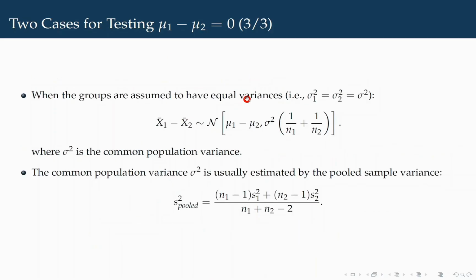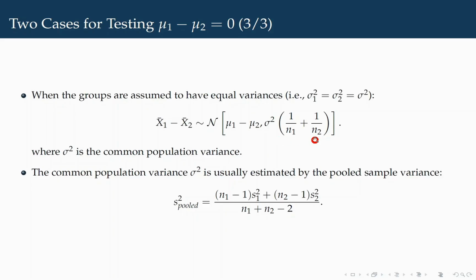And when we assume that the groups have equal variances, in that case, sigma 1 square and sigma 2 square are the same. So we can denote this common variance by sigma square. So in this case, the distribution of x bar 1 minus x bar 2 will be normal with mean mu1 minus mu2, and the variance now becomes sigma square times 1 over n1 plus 1 over n2.